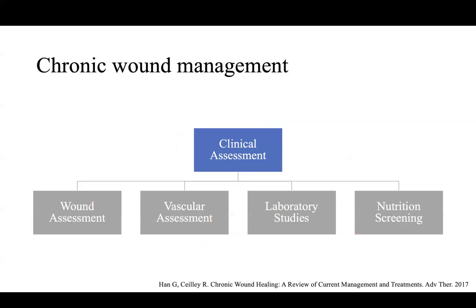So you have to ensure that the ischemic component is taken care of. That will itself make the wound heal faster. Once the vascularity of the wound improves, the wound will heal faster.